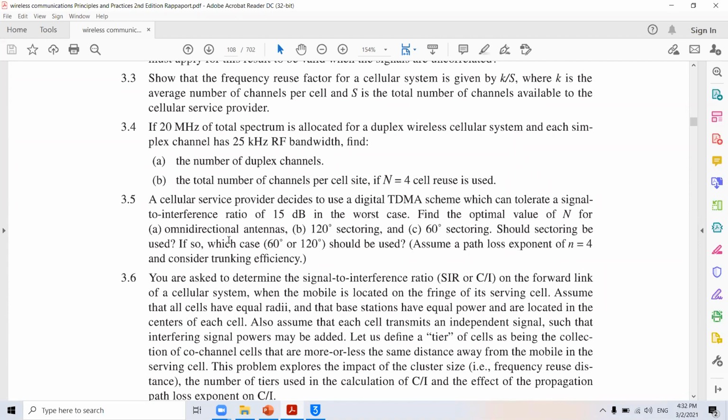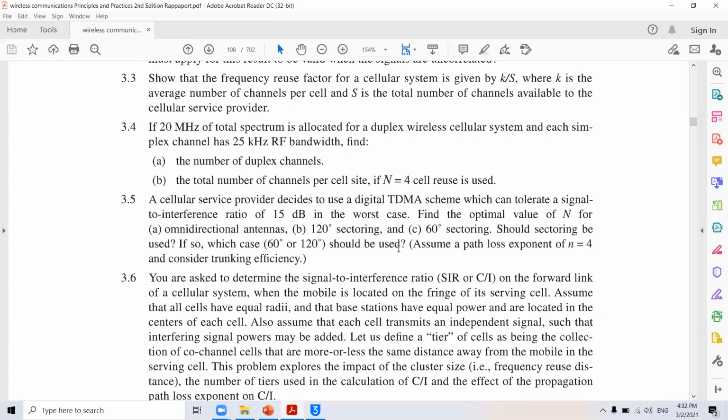Of course, based on your solution and the results for this problem, you are going to decide whether you are going to use the sectoring or not. Then if you are going to use the sectoring, which case are you going to use, 60-degree or 120-degree?